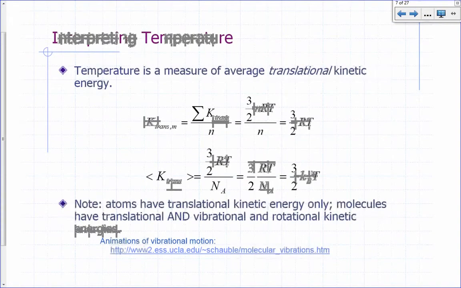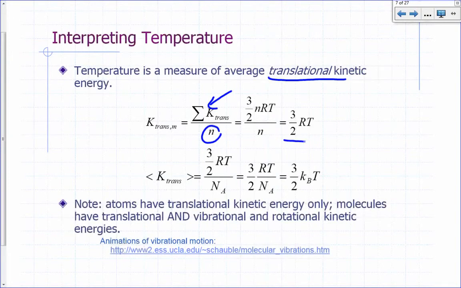So temperature is a measure of the average translational kinetic energy of the molecules. So total energy divided by number of moles gives you 3 halves RT. This is the translational energy of 1 mole of molecules.